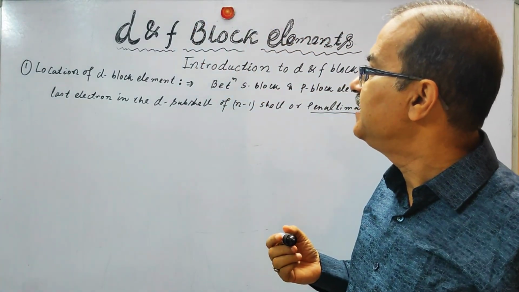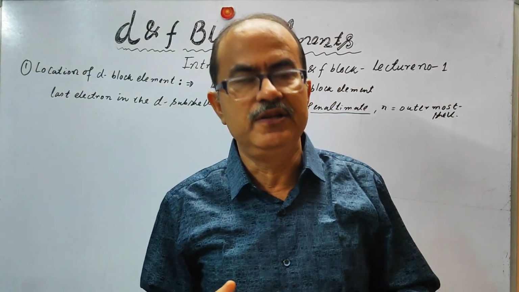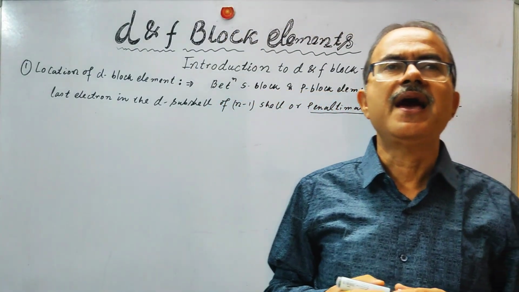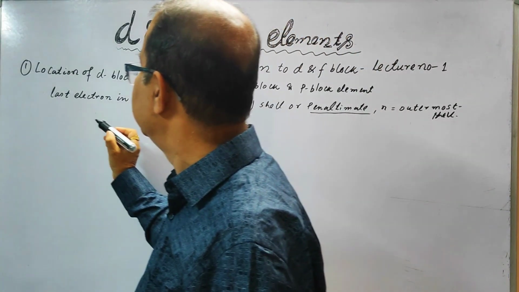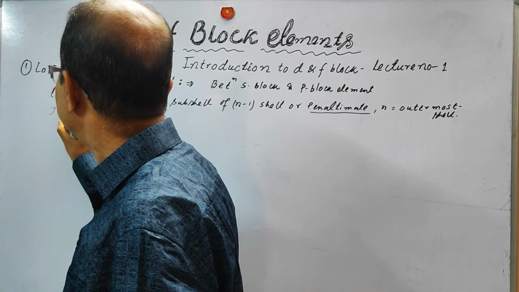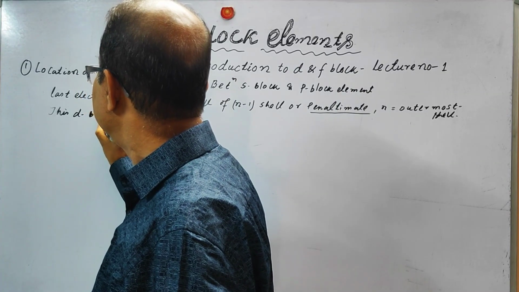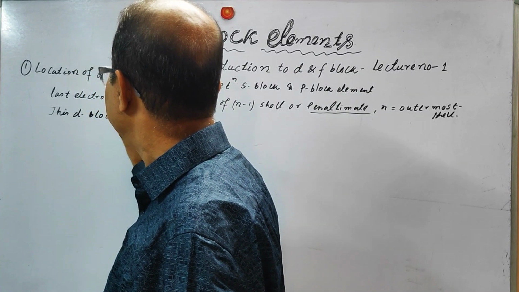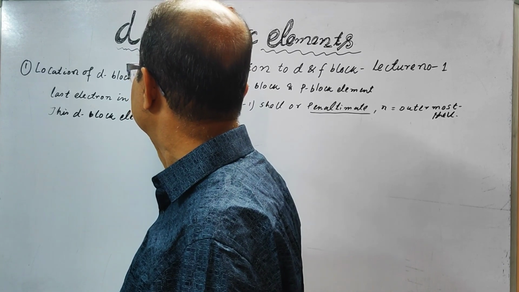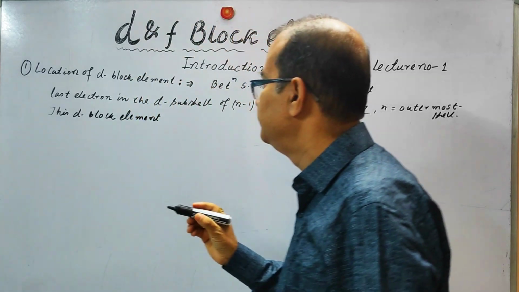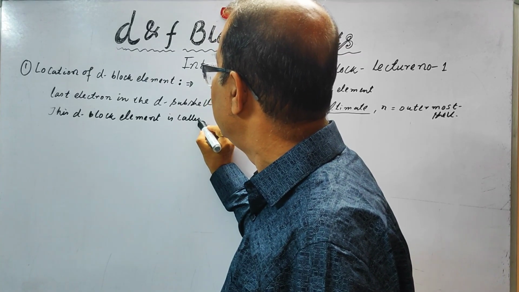So we understand this is a d block element and how it is called a d block element, and another terminology that is used is transition element. This d block element is also called a transition element.